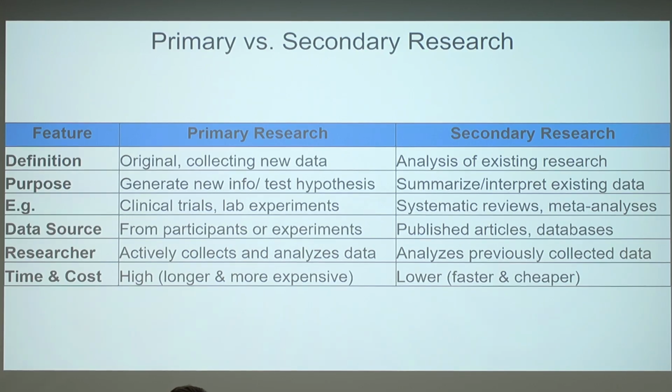And this secondary research is much faster because the data has already been analyzed, and so reanalysis is not going to take as long. And this is much cheaper as well as a means for research. And so some of the different study designs use both primary and secondary research, and we're going to talk about some examples of those.